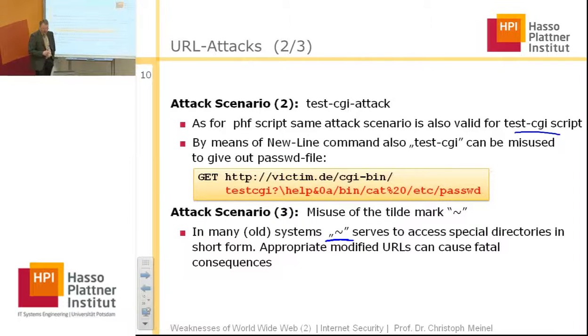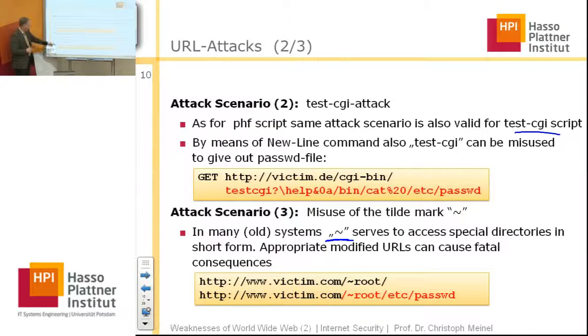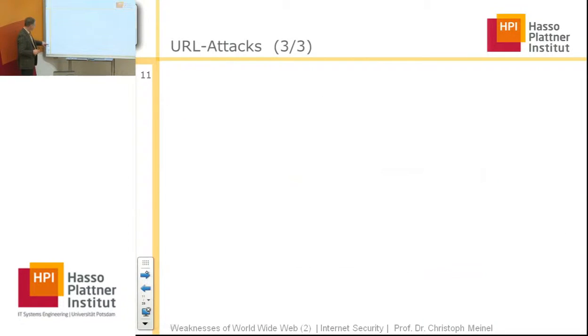So the problem here: an appropriately modified URL can cause fatal consequences. And here's an example. Here you see with slash one access the root file, and then one can access also such very sensitive data like the password file.